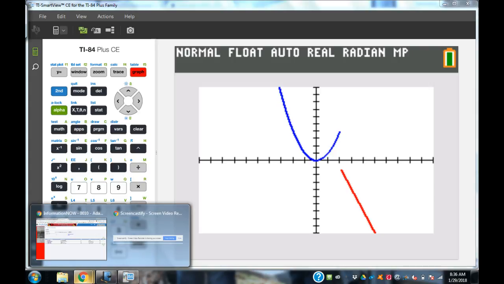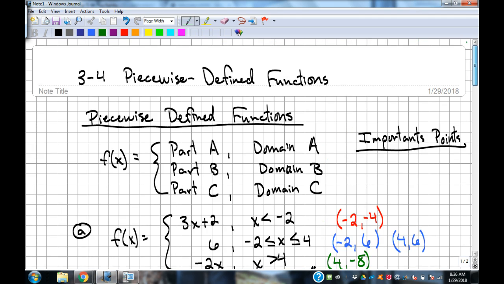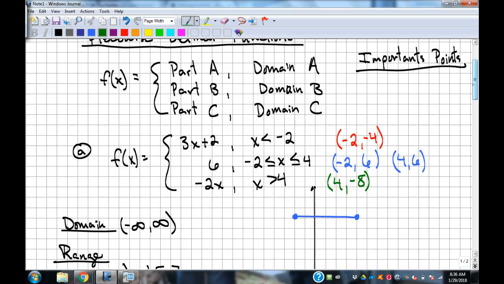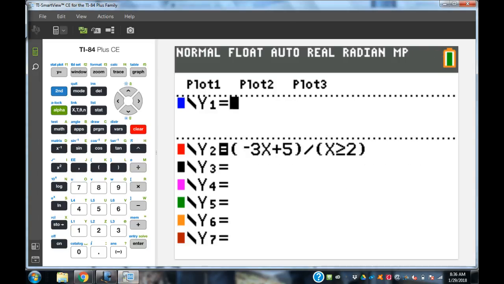Well, heck, we can just look at example A. It had a three-part. Let's look at example A on the calculator, going back up there and just getting it to graph it for us. On the y equals menu, I'm just going to clear those out.